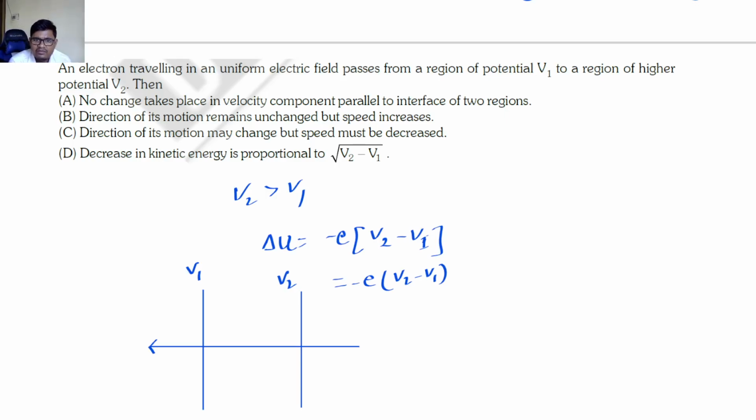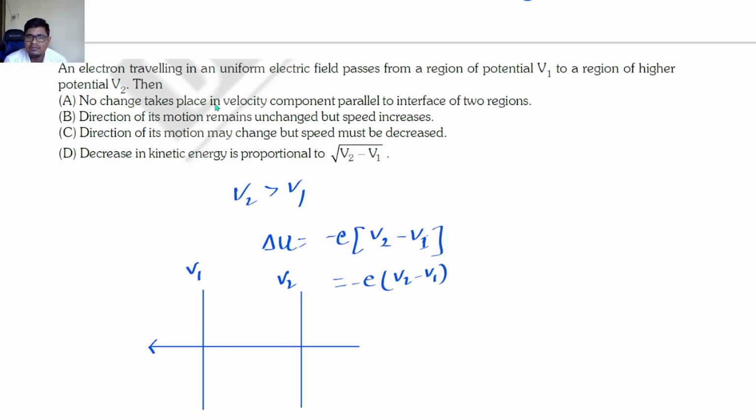The electron is moving from the V1 region to the higher potential V2. So the electron is going from here to here, moving opposite to the direction of the electric field. Delta U is decreased here, you can clearly see, that means kinetic energy will increase.